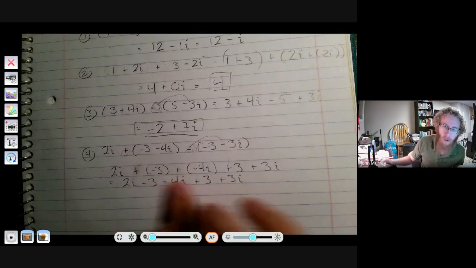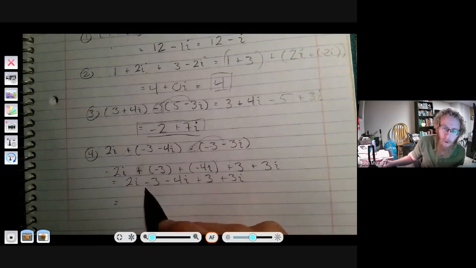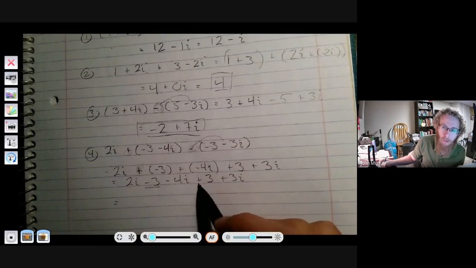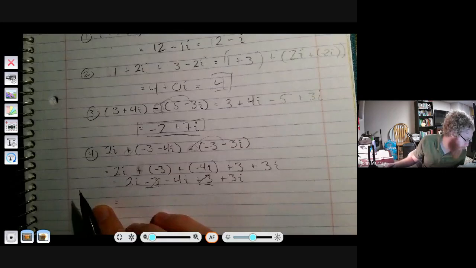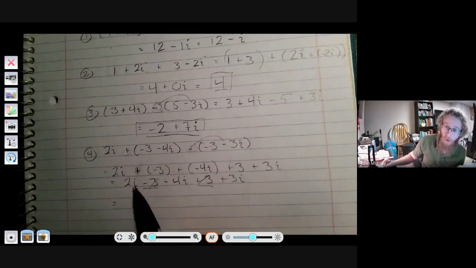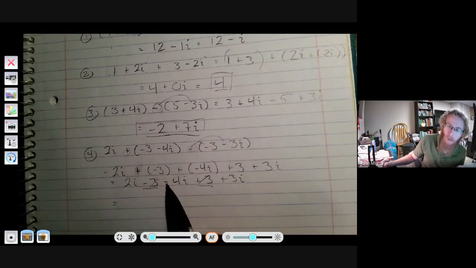All right, now that we have all the parentheses removed, combine like terms. Negative 3 plus 3 happens to be 0. 2i minus 4i would get us negative 2i.